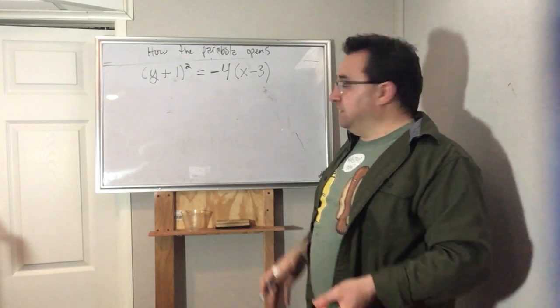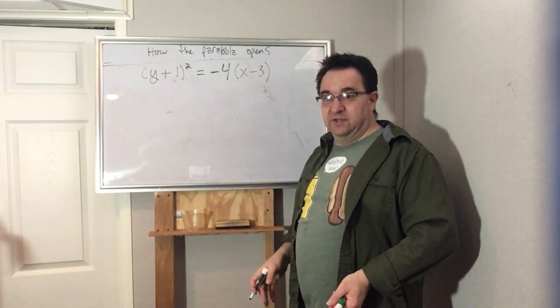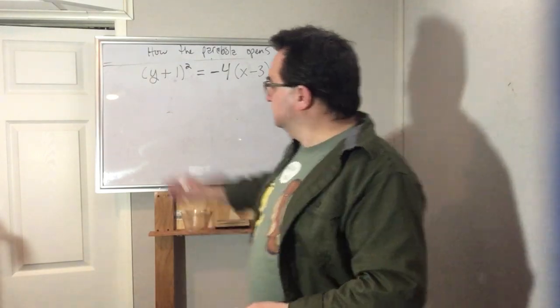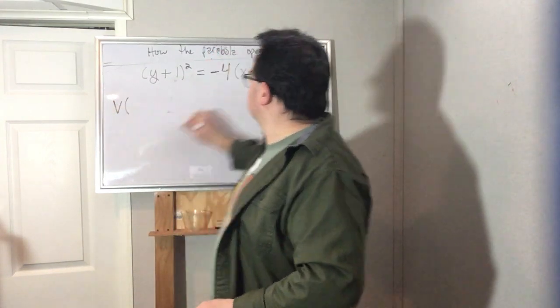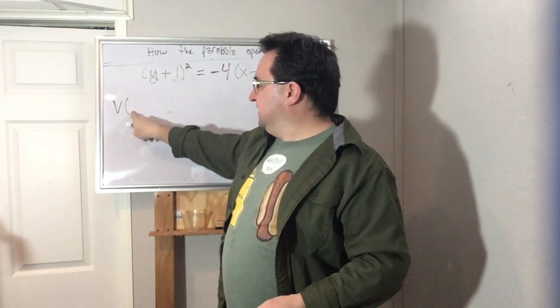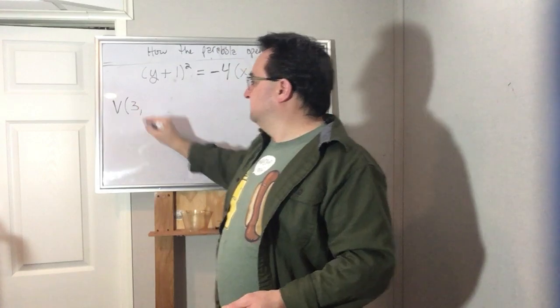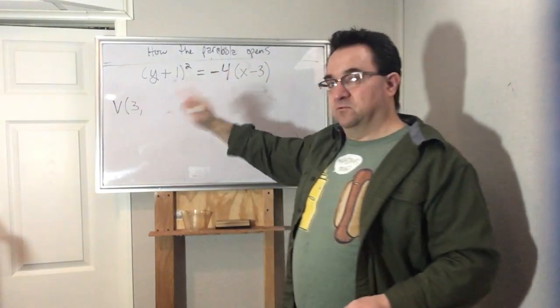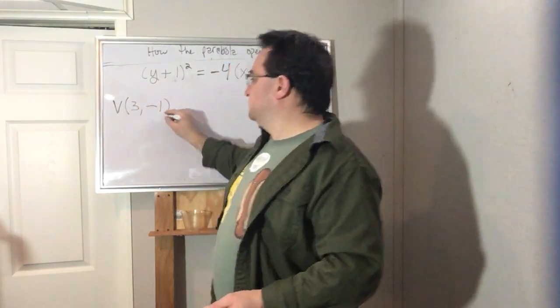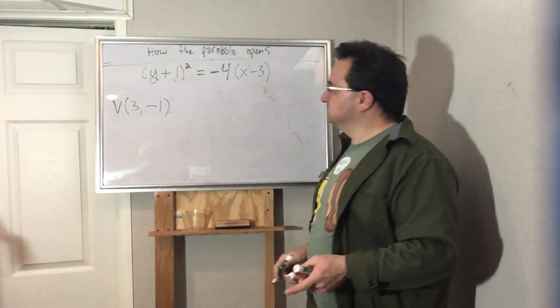So I look at it, and it looks like a parabola equation. First thing I can tell is the vertex: the x number is the x coordinate, switch the sign. The y number is the y coordinate, switch the sign. So I know where the vertex is.